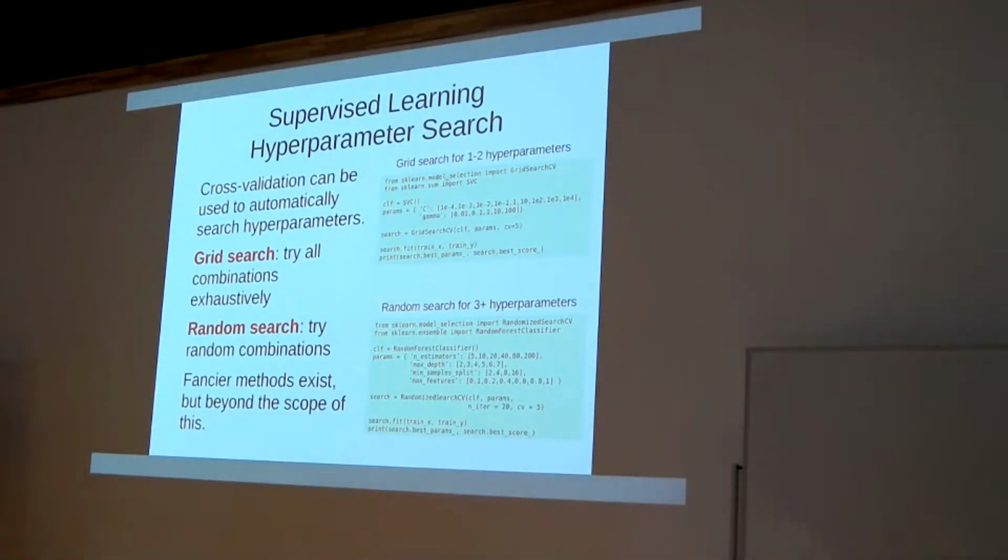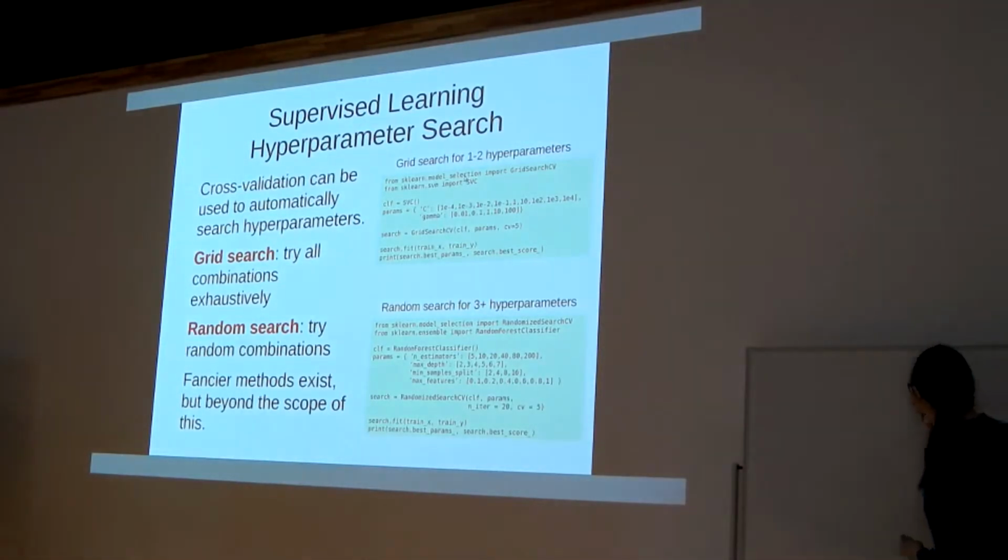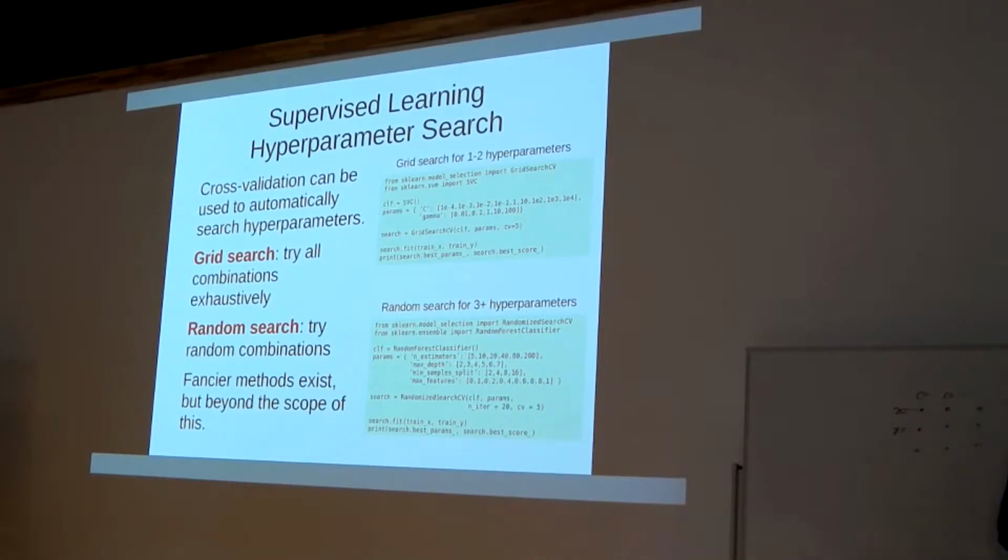So if I only have a few hyperparameters, in grid search, which is just trying every C value, every gamma value, etc. That's fine. As long as I'm in 1 or 2 dimensions, this is pretty efficient.